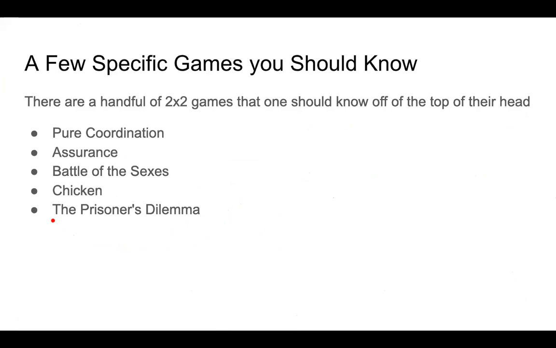These are incredibly important because in a lot of real life scenarios, even complex ones, you can narrow it down into one of these 2x2 games, and you can figure out what you're supposed to do.